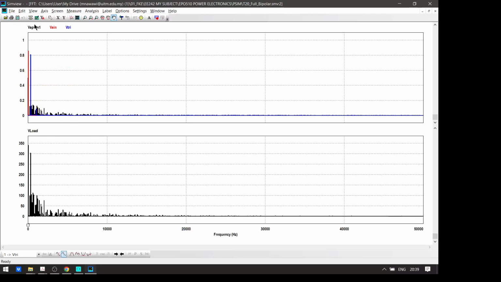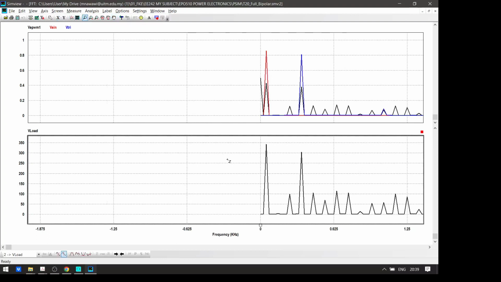If I zoom, this is the fundamental component, which is at 50 hertz. Then we see this at 350 hertz, the carrier frequency, isn't it? So the characteristics of bipolar PWM: we have the fundamental, and we have a component at the switching frequency and its odd multiples. Our switching frequency is 350 hertz now, so you have a component there and the sidebands.